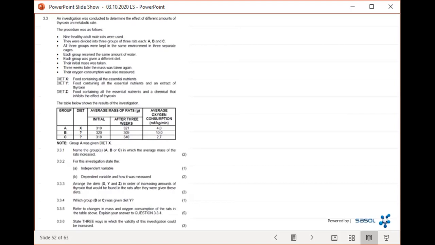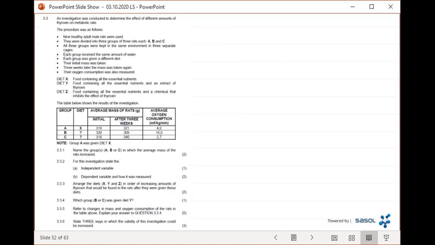They were divided into 3 groups of 3 rats each, which is group A, B, and C. All 3 groups were kept in the same environment in 3 separate cages. Each group received the same amount of water. Each group was given a different diet. Their initial mass was taken. Then 3 weeks later, the mass was taken again. Their oxygen consumption was also measured.